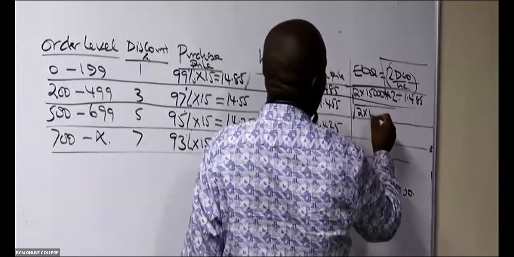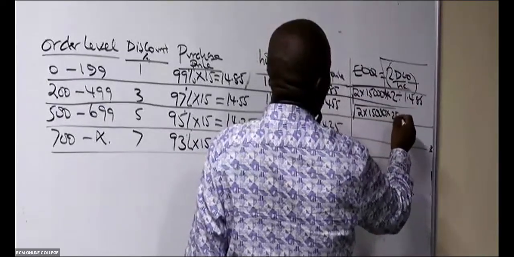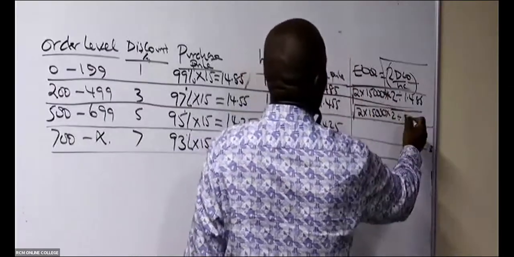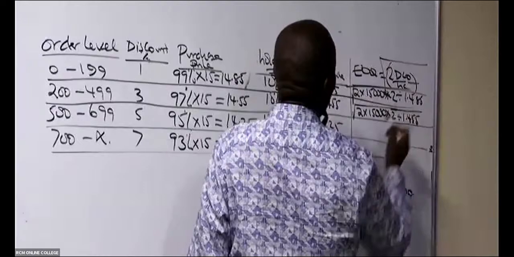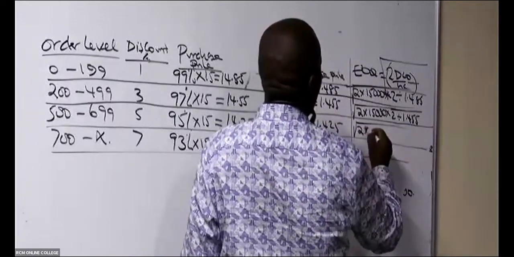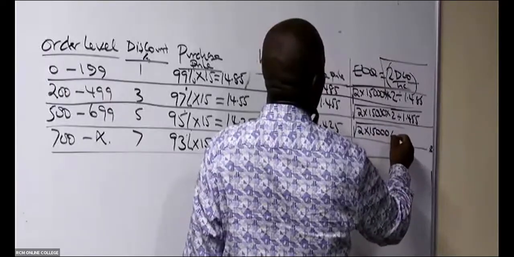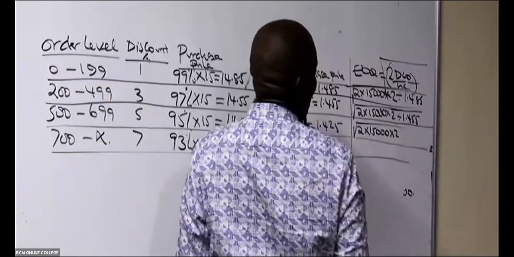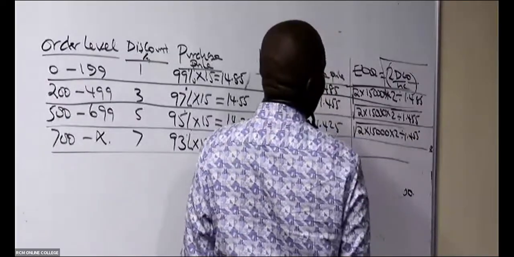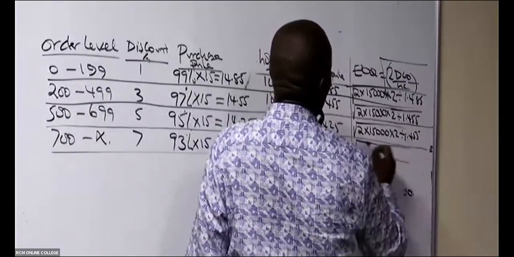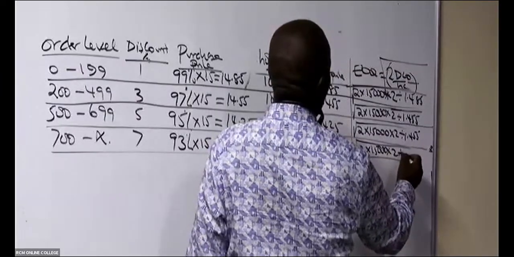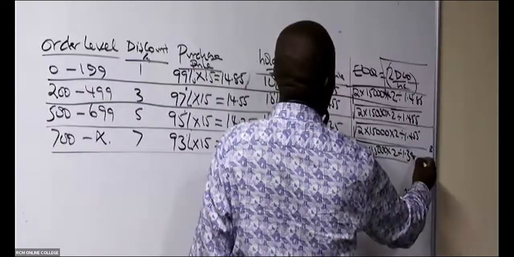So square root of 2 times 15,000 times 2 divided by 1.455, and then 2 times 15,000 times 2 divided by 1.395.